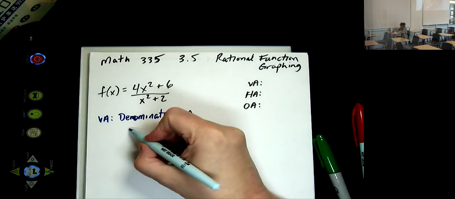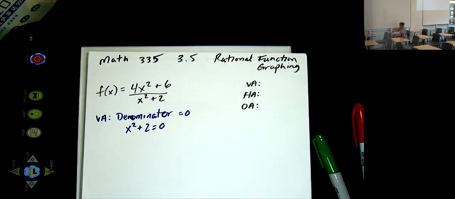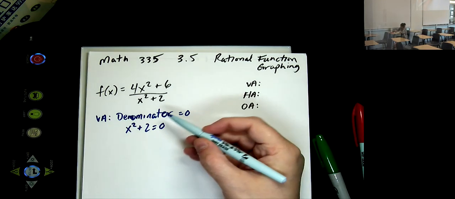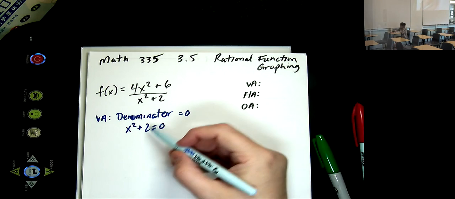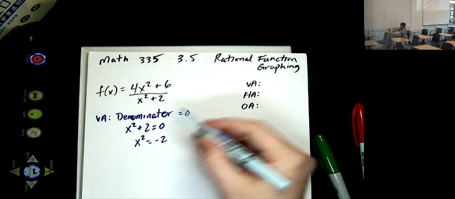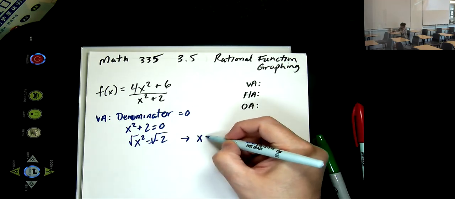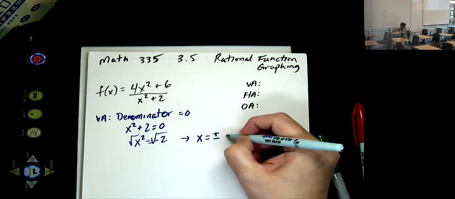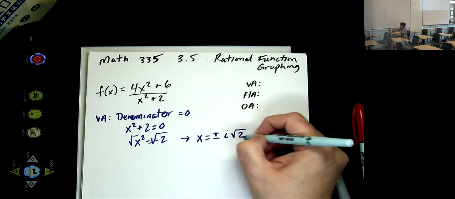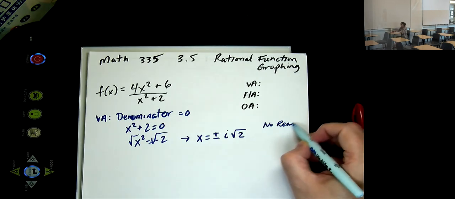So let's set it equal to 0, and what do we get? I've got x squared plus 2 equals 0. I could subtract the 2 over and take the square root of both sides, and I get x equals plus or minus i root 2, which means no real roots.